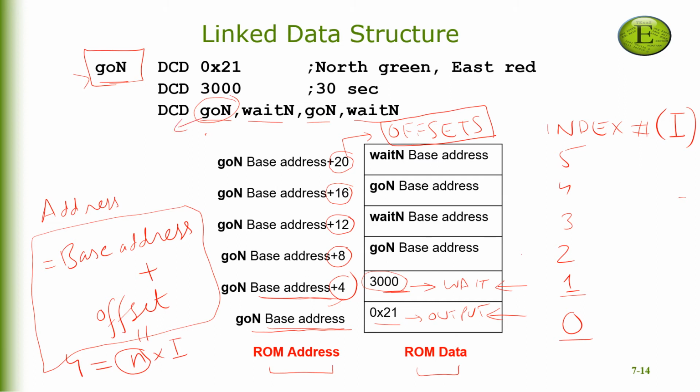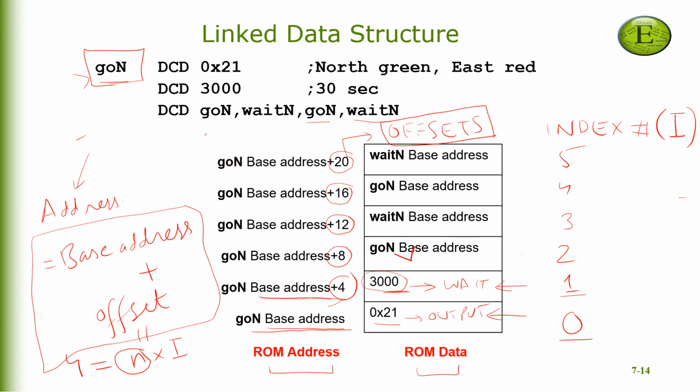So when we say GoN, it really means that we are storing the base address of GoN because this is a label. Remember, it is a label, and label always means an address. Wait n is also a label, GoN is also a label, so is wait n, and label means address.